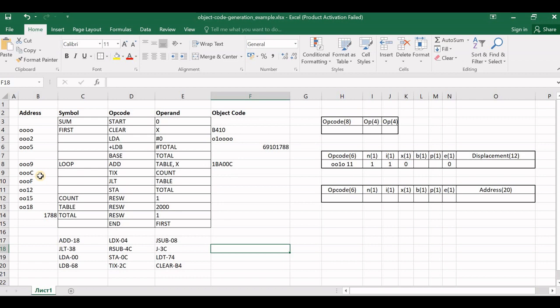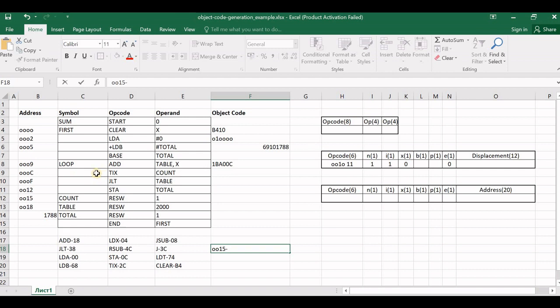So which is this instruction? The instruction is TIX count, and what is the target address of count? Target address of count is 0015. It is the address where count has been defined. So we'll take the count target address minus the PC value. The current instruction is TIX count.